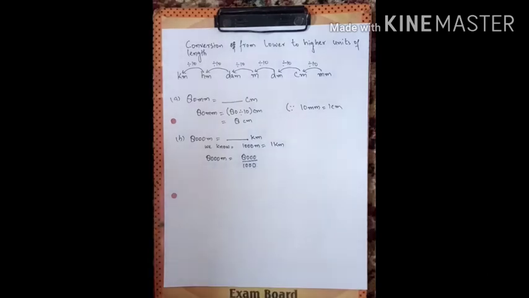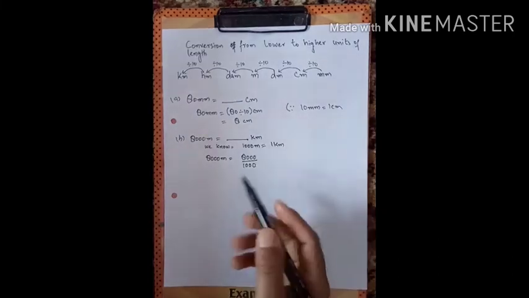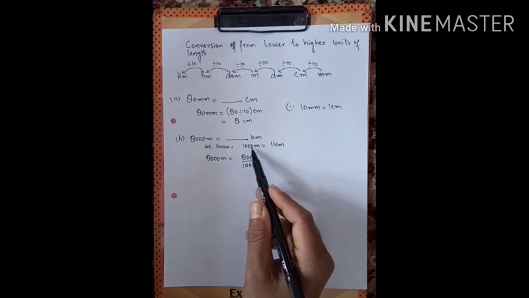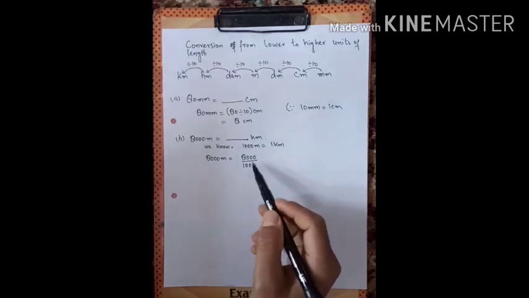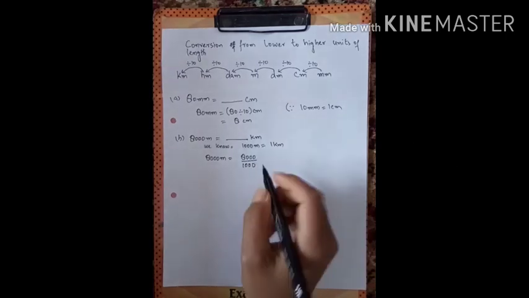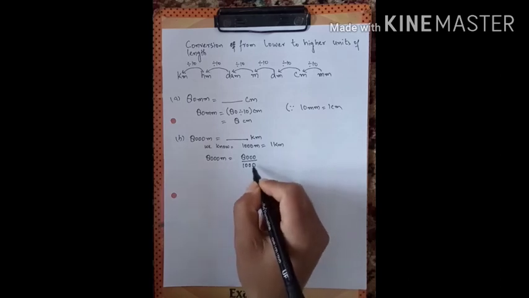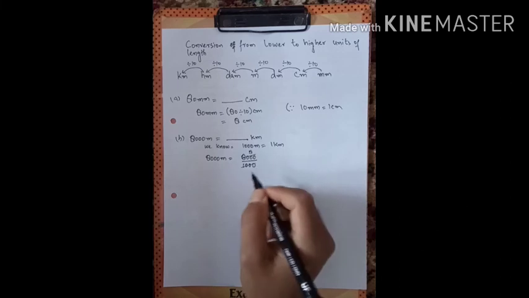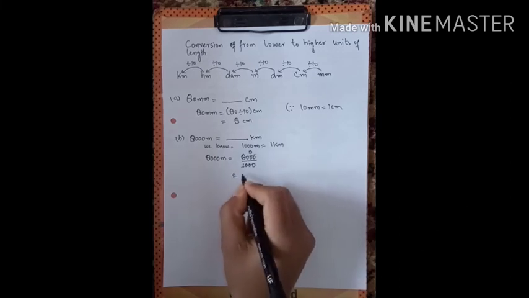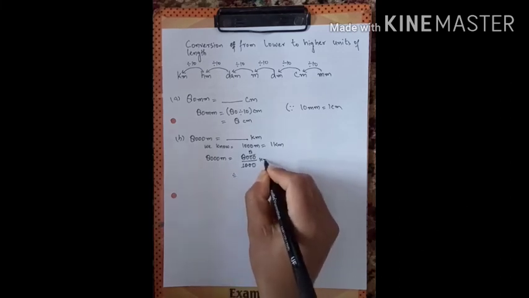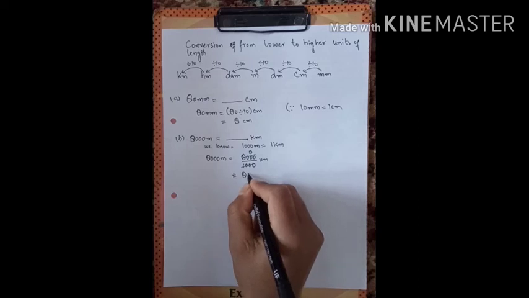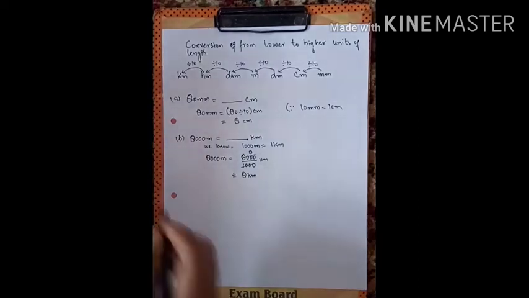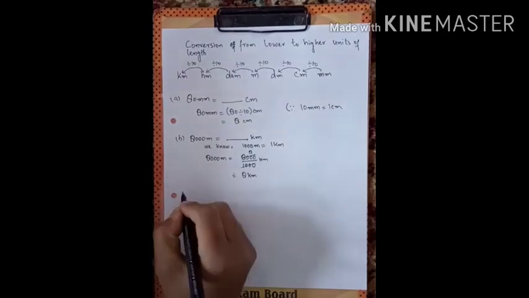Why 1000? Because I know that 1000 meter is equal to 1 kilometer. So I divide this 8000 by 1000. Here I get 1000 8s are 8000. So here I write kilometer, I get 8 kilometer.